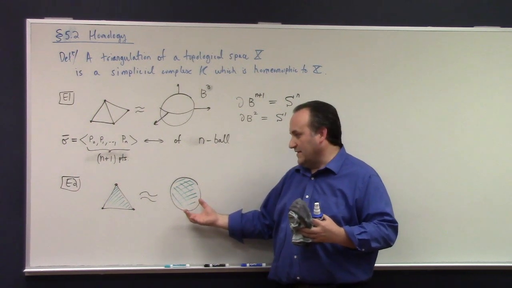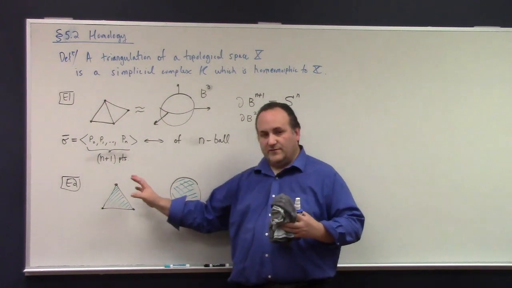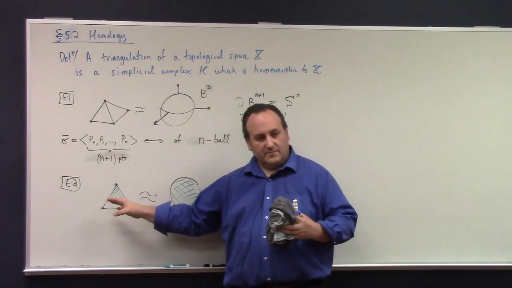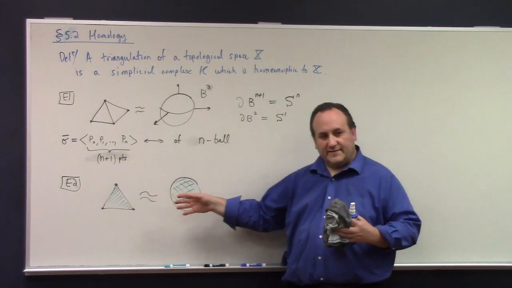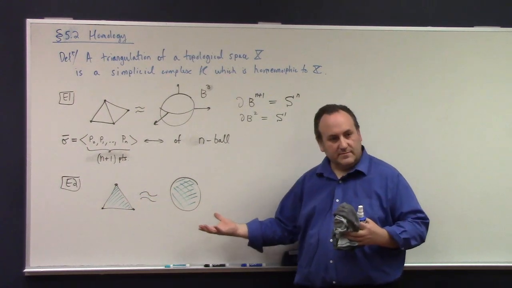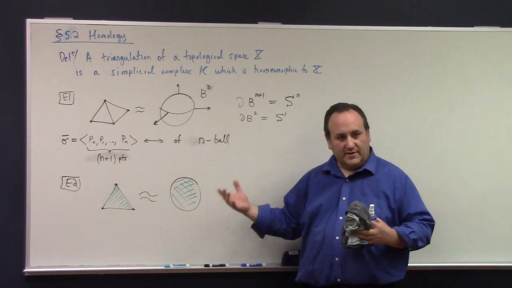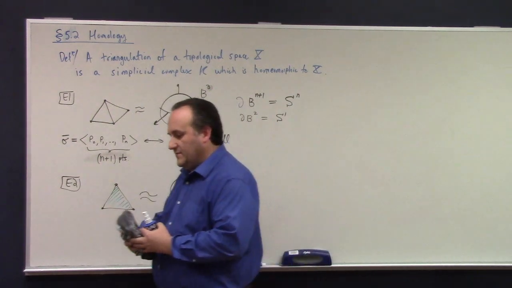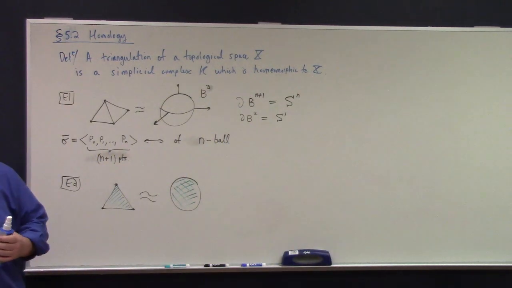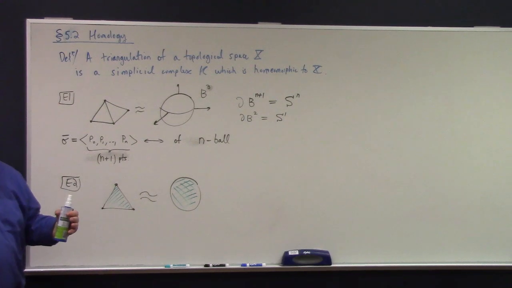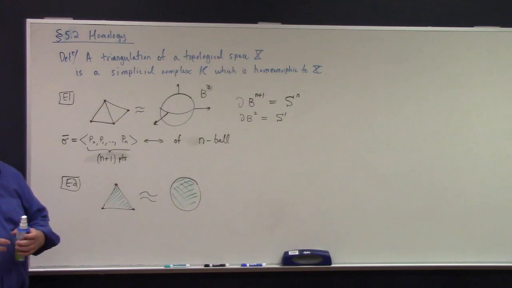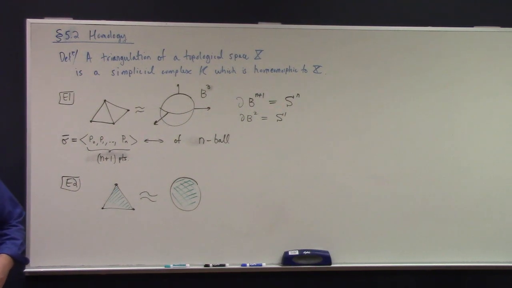And if I just look at the edge, the triangle itself, not the shaded-in triangle, it's fairly clear that's homeomorphic to the circle, right? So what I'm telling you is that we have triangulations of n balls and of n spheres. Those spaces are triangulable. What's interesting is that there are spaces which are not triangulable. There are even topological manifolds which are not triangulable.